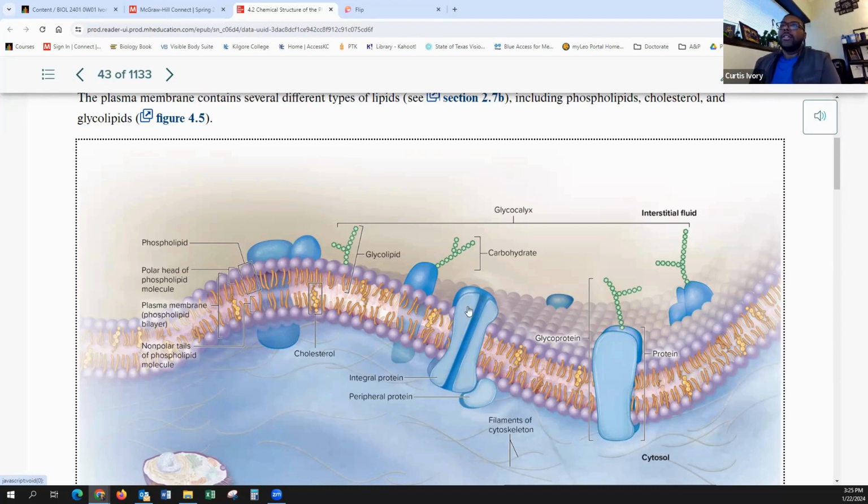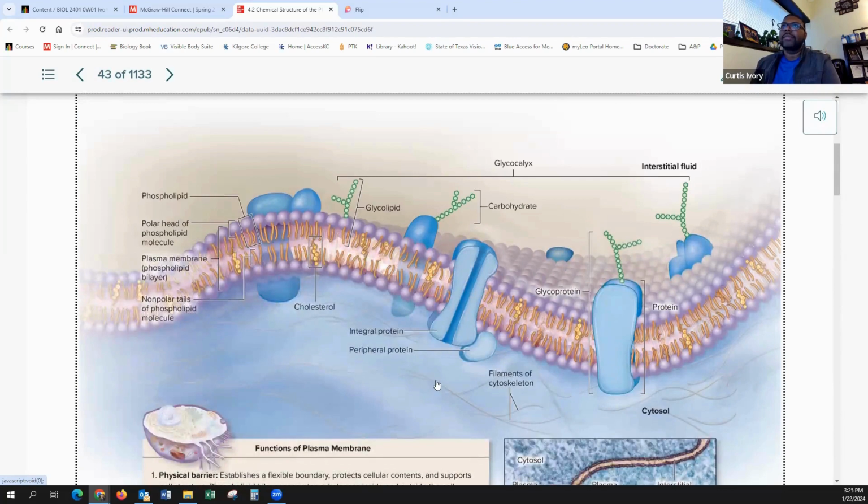And here you can see what are called proteins, or these channels. This one in particular is called the integral protein. Integral is essentially going to go from the outside of the cell to the inside of the cell, so that things that are too big or polar can come through and go from the outside to the inside.